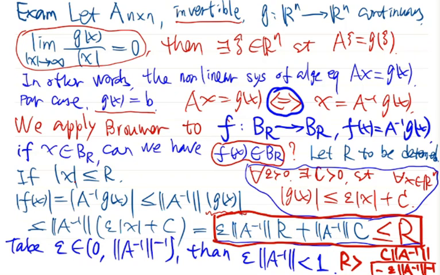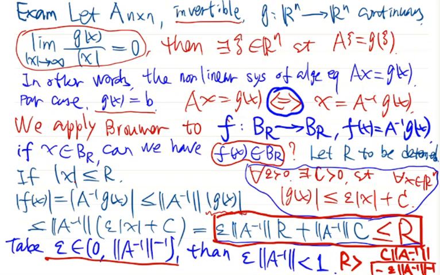So we take epsilon so small that the final inequality is solvable, with the solution R greater than this number. Then for R so large, our argument shows that if x lies in the ball of radius R, then f(x) also lies in the same ball.